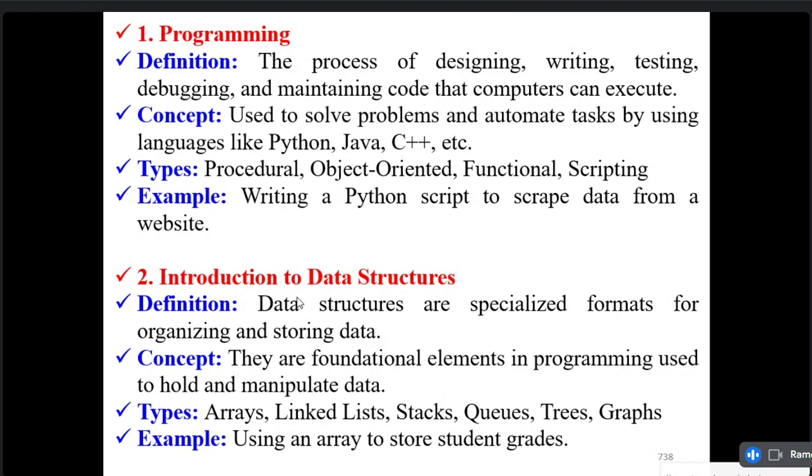Data structures are specialized formats for organizing and storing data. Generally we have data in a structured and unstructured way. Depending upon our requirement, we use different types like linear and non-linear. If it is linear, then we use stacks, queues, linked lists. If it is non-linear, we use trees and graphs.